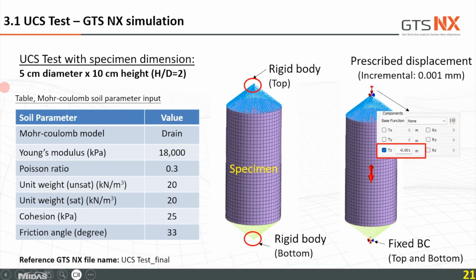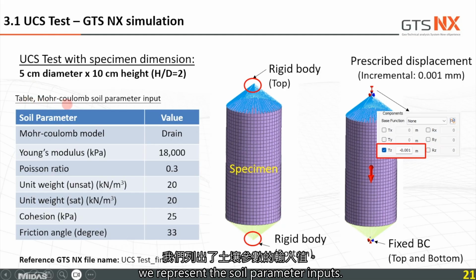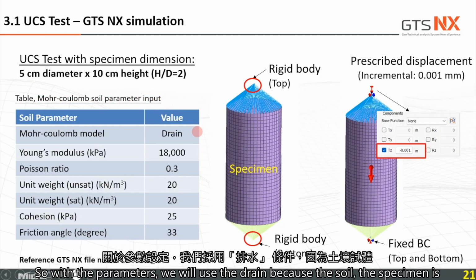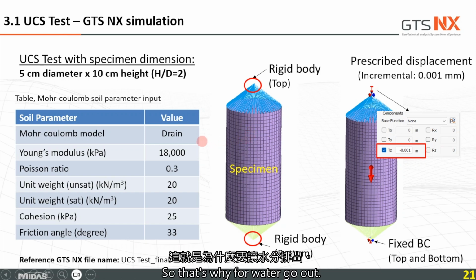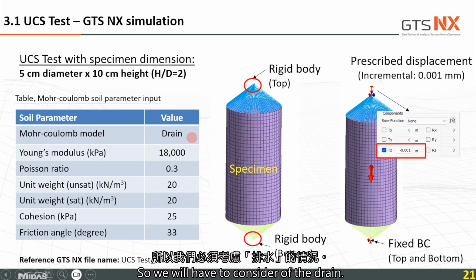In this table, we represent the soil parameters input. We will use the drained condition, because the specimen doesn't have much time to develop an undrained condition, so the water goes out and we consider it drained.